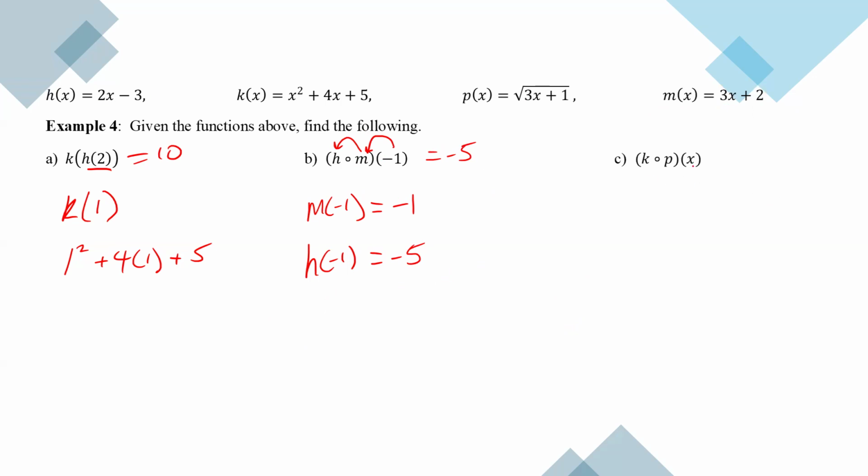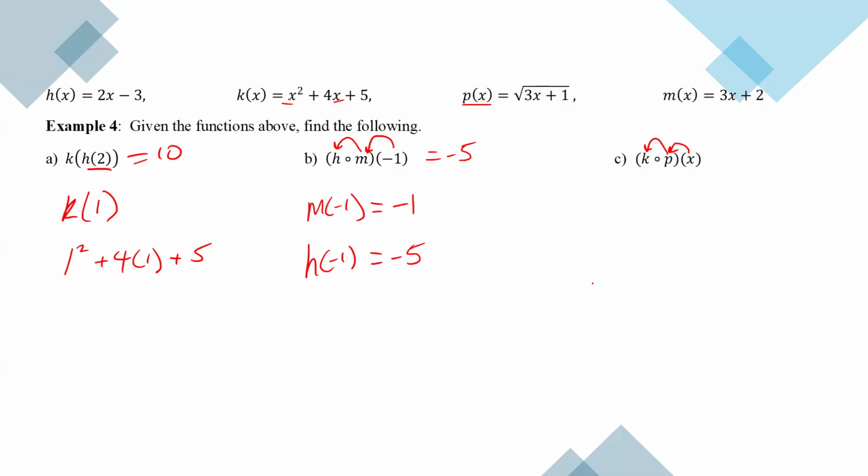Okay. Now here, again, working from the right, we're going to evaluate x in p, which is just simply p of x. And p of x is the square root of 3x plus 1. So I'm taking that and plugging it into k. Everywhere there's an x, it now becomes p of x.